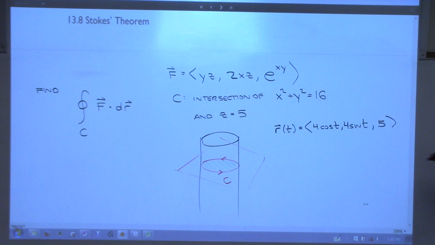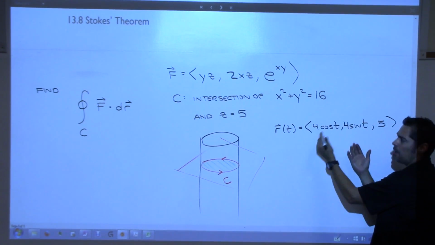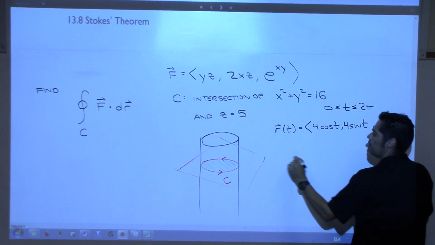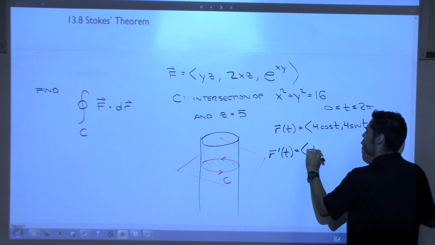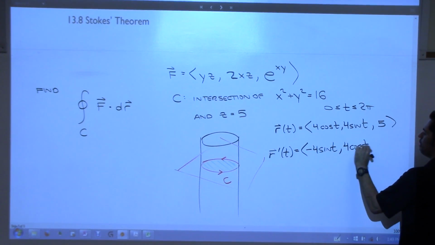All right, let's go through. What are we going to need? The derivative of this. Oh yeah, t is between 0 and 2 pi. The derivative should also be pretty clean: negative 4 sine t, 4 cosine t, and 0.